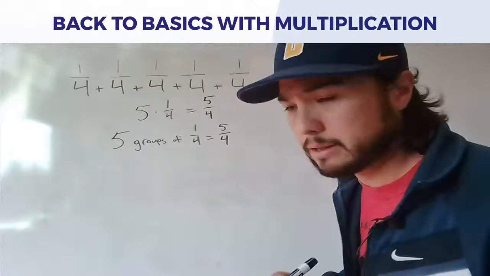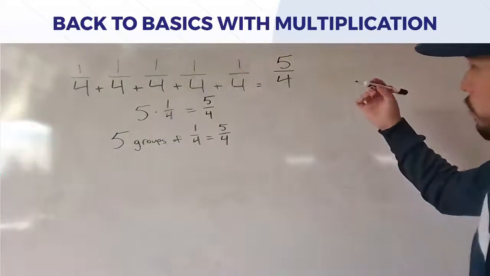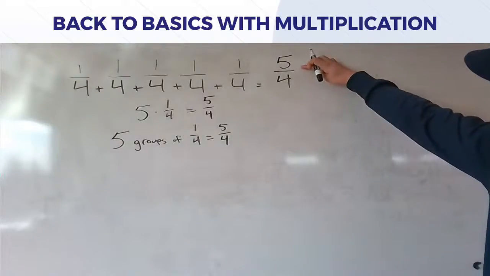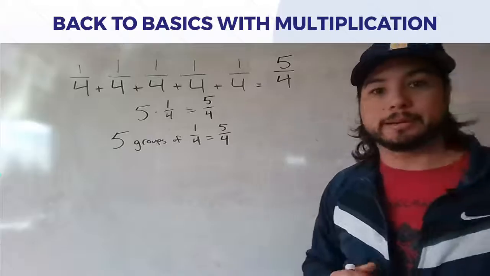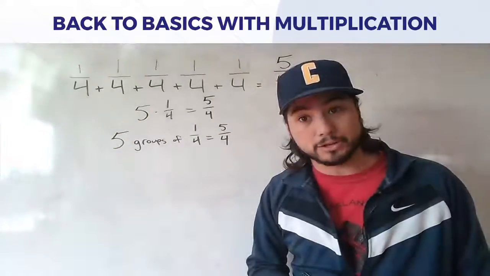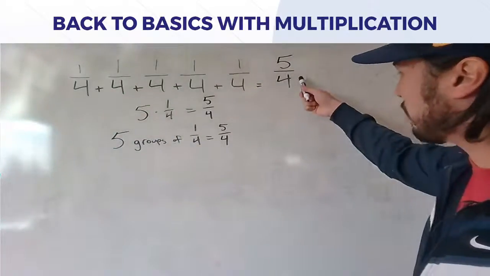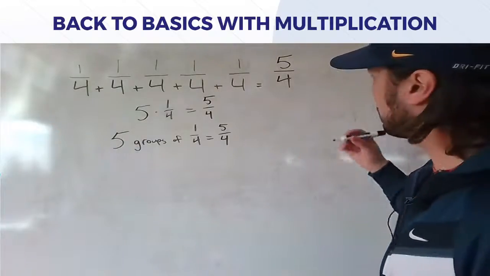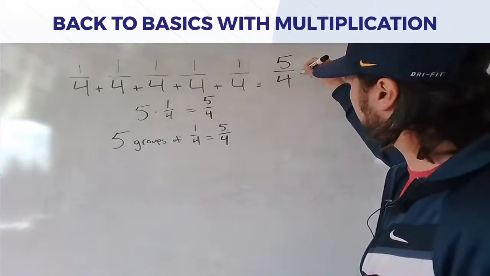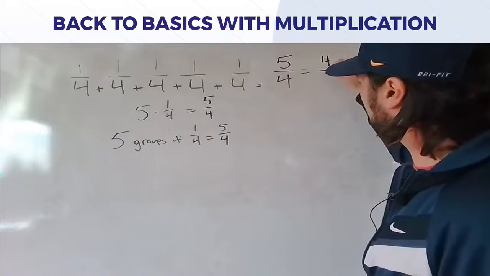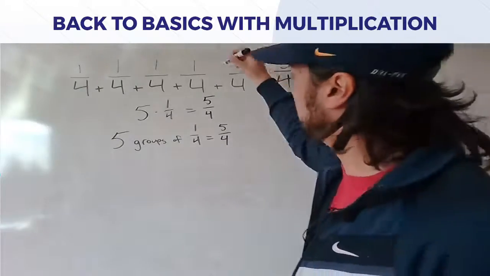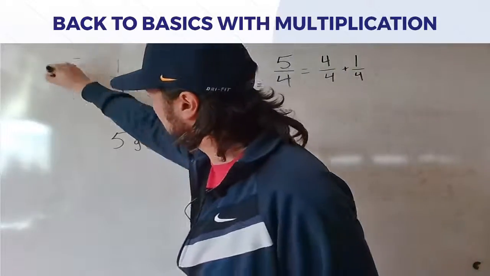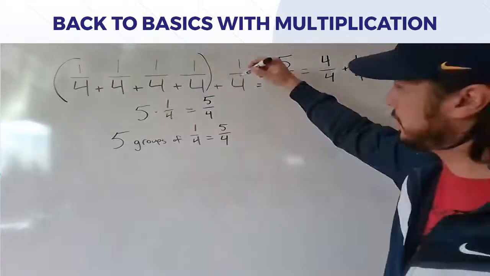And I see in the chat as well, we can recognize here, because we have a greater numerator than a denominator, that means we have an improper fraction. We can take 4 of these fourths, essentially thinking about our 5 fourths as equal to 4 fourths plus 1/4. Here's 4 fourths, and then here's 1/4.